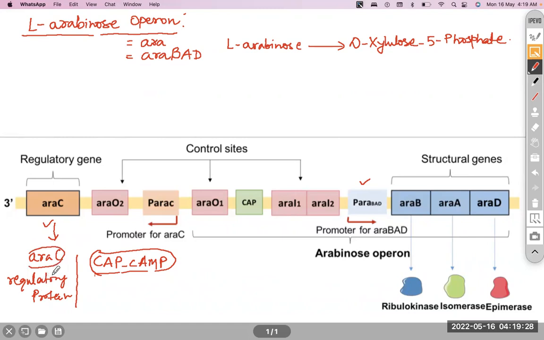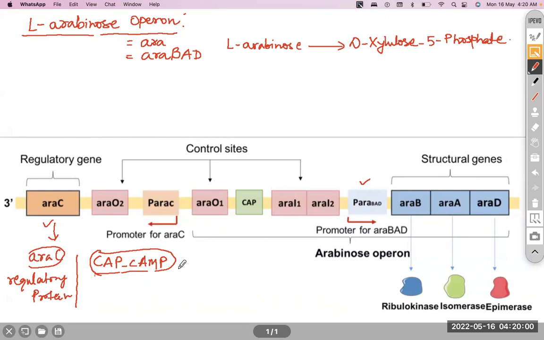कैसे डुअल रोल किसमें है इसका? As both an activator in the presence of arabinose and a repressor in the absence of arabinose to regulate the expression of araBAD. If arabinose is present in the medium, then this RAC will express these structural genes for the arabinose catabolism.